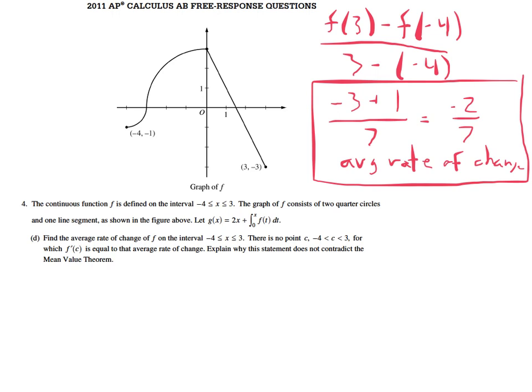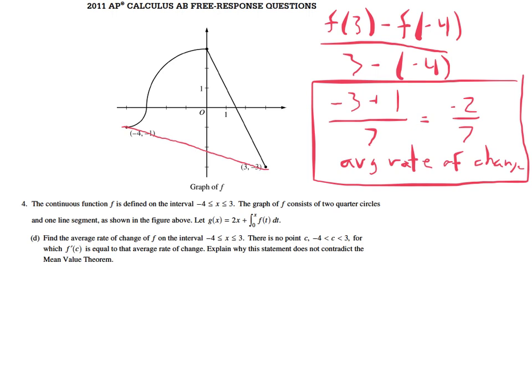Now they go on and talk about this point c thing and the mean value theorem. What the mean value theorem says is that when you calculate the average rate of change, which we just did and which is just the linear slope between the two endpoints, there has to be a point c in that open interval such that the instantaneous rate of change, the derivative, is the same as that average rate of change.